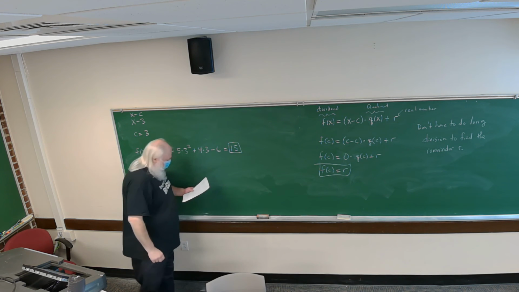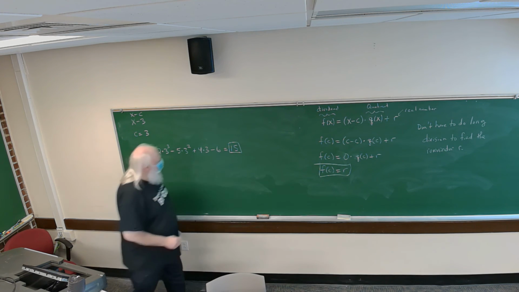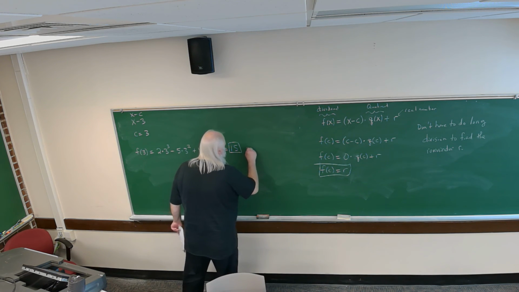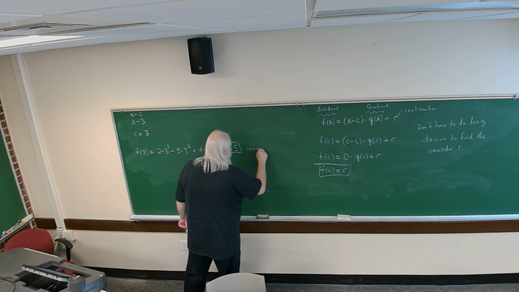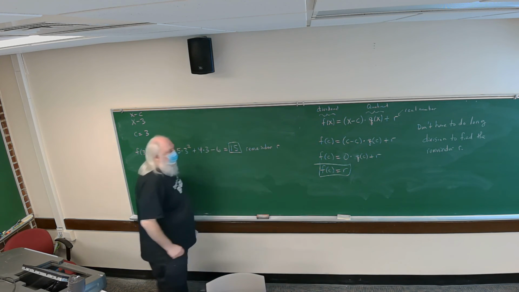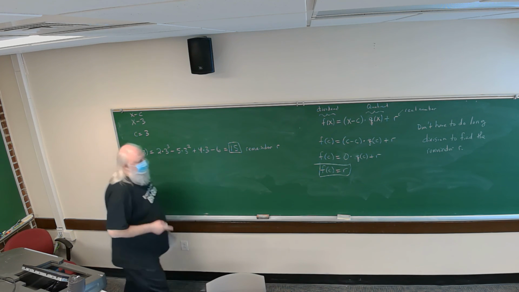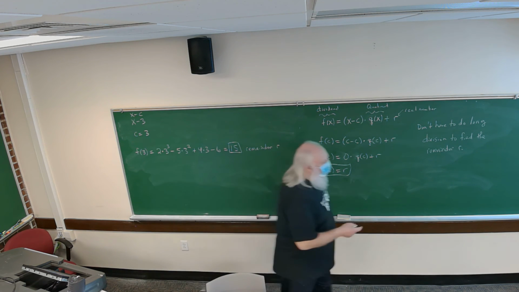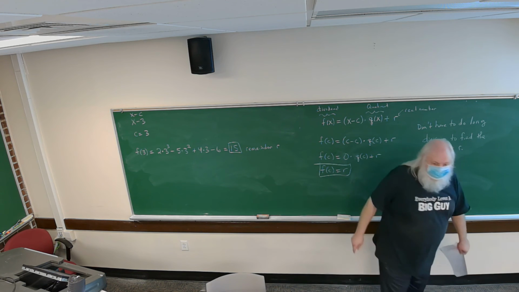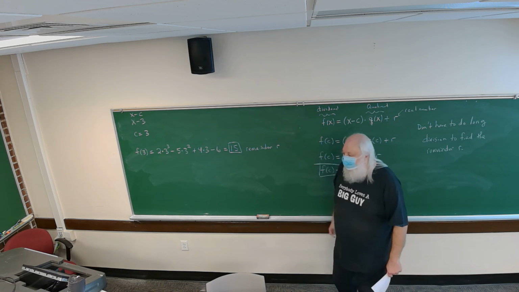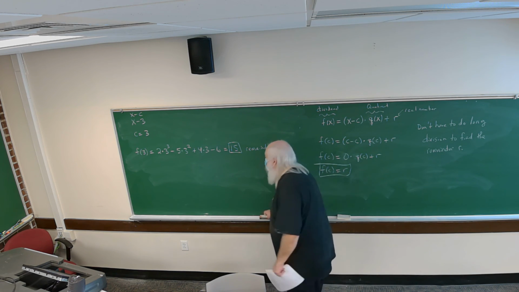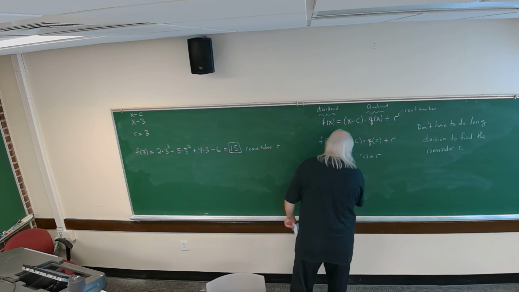So if you divided f of x by x minus 3 using long division, you'd have a remainder of 15. You don't actually have to do the long division.